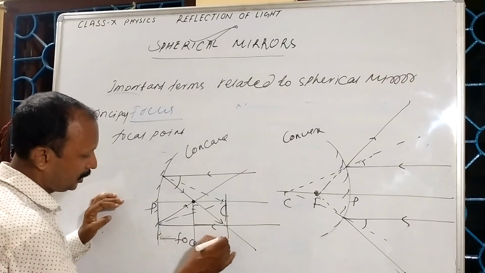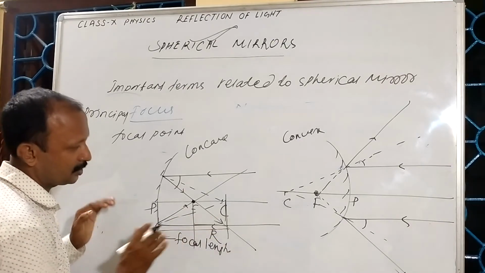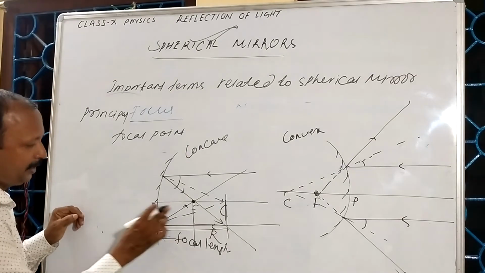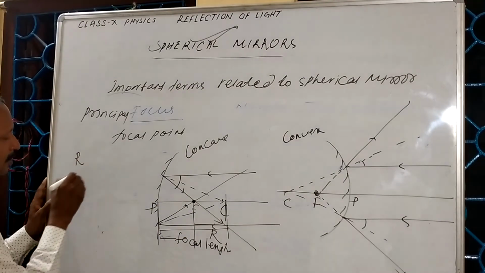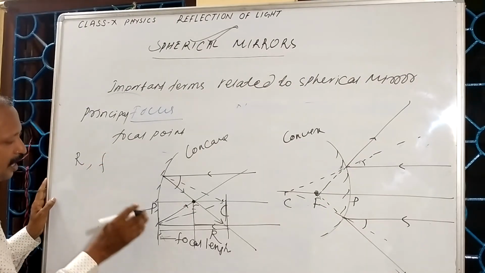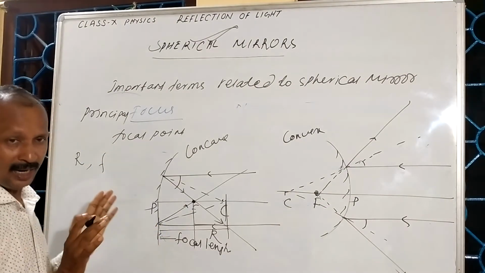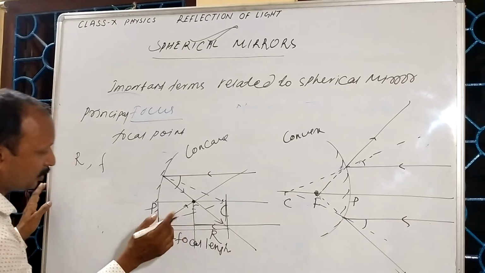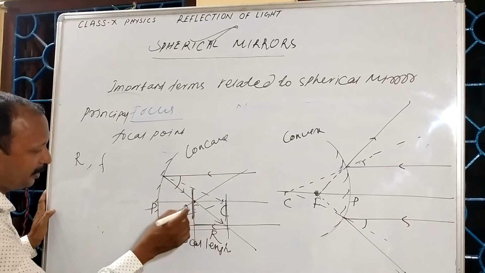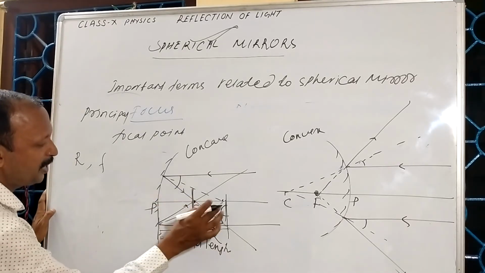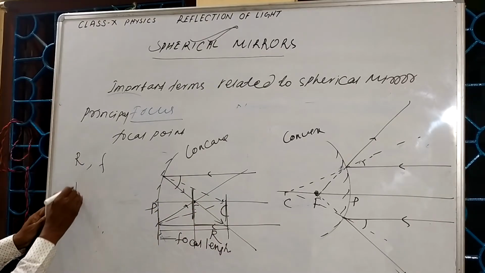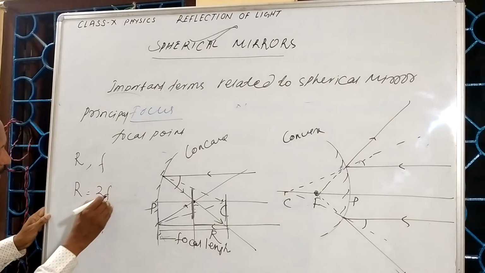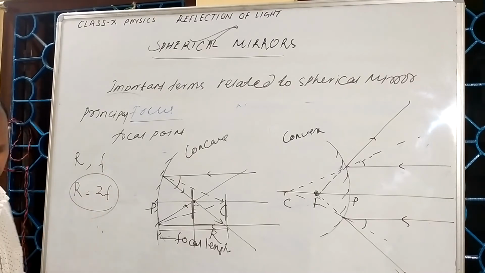So, P to C, we know, is the radius of curvature, and P to F is the focal length. R stands for the radius of curvature, F stands for the focal length. And you observe that this point is the midpoint between P and C. That means the radius of curvature is 2 times the focal length.